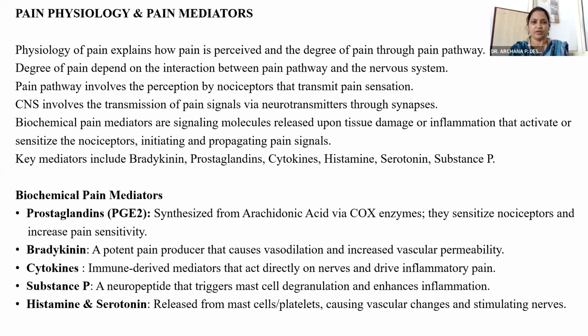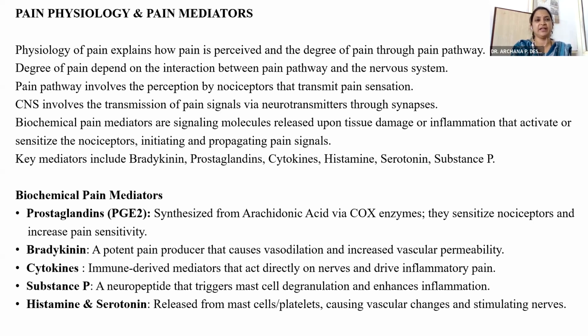During pain or any inflammatory condition, the biochemical pain mediators are released. These mediators are important because these are the signals released at the tissue damage or where the inflammation occurs. These molecules generally activate the nociceptors, and we know that nociceptors are the pain-feeling receptors propagating the pain signals.